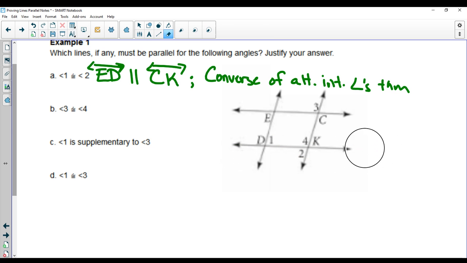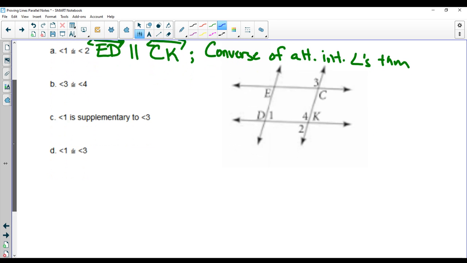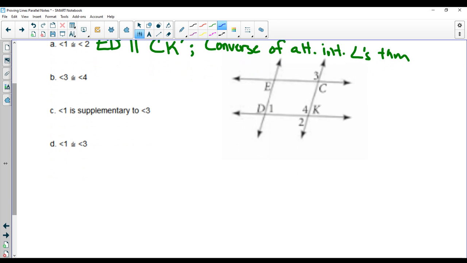Let's do a couple more. Number 2, B. We are saying that angle 3 is congruent to angle 4. So let's find those. So step 1, let's decide us a transversal. It looks to me like that would be a transversal because they're both next to that line or near it.